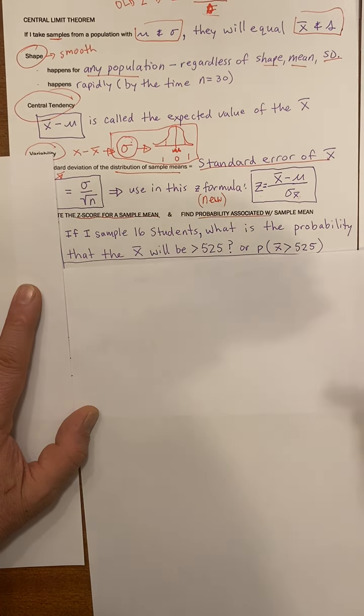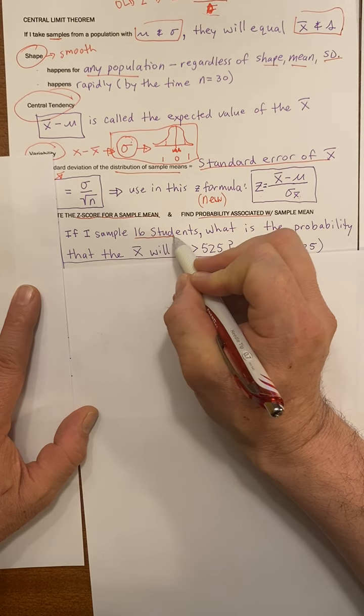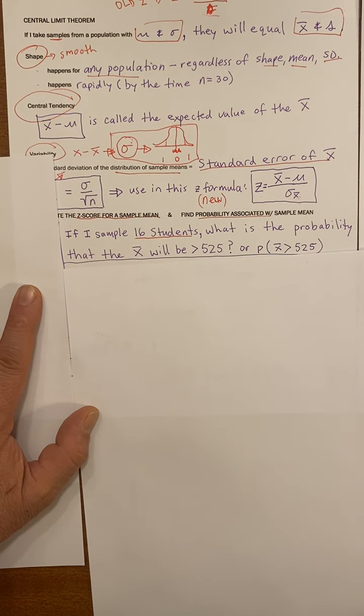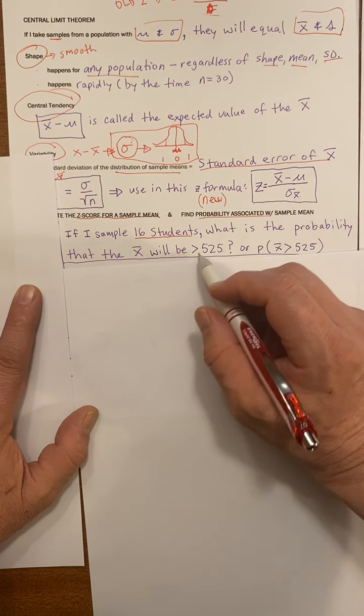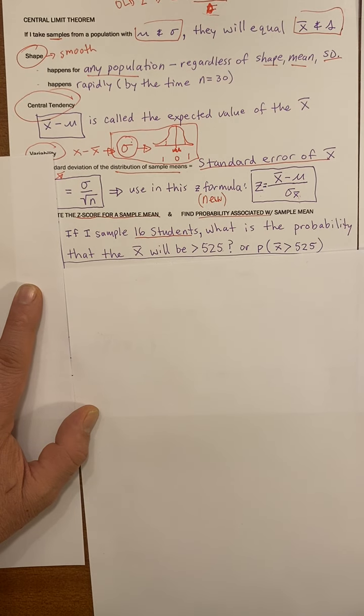Right, so I'm pulling groups of students out. Here I'm saying that when I do this, I'm pulling out 16 students at a time. The question that is being asked here is, for that 16 students that I pull out, what's the probability that that group's mean is going to be greater than 525?